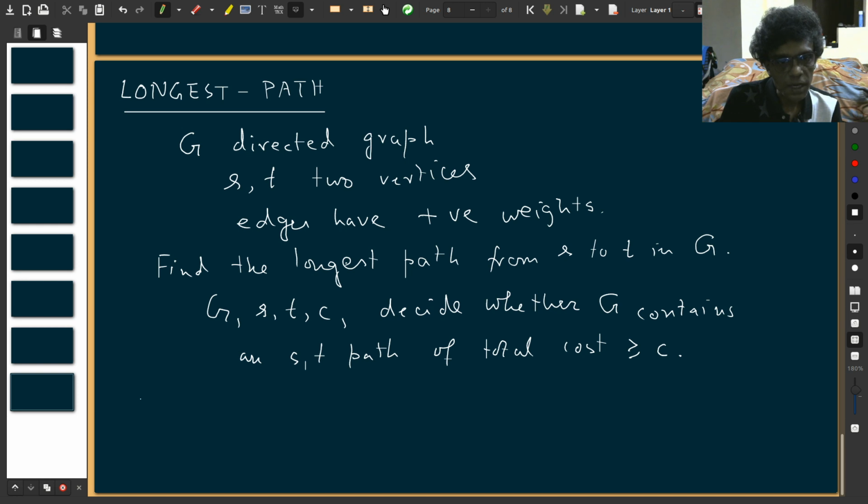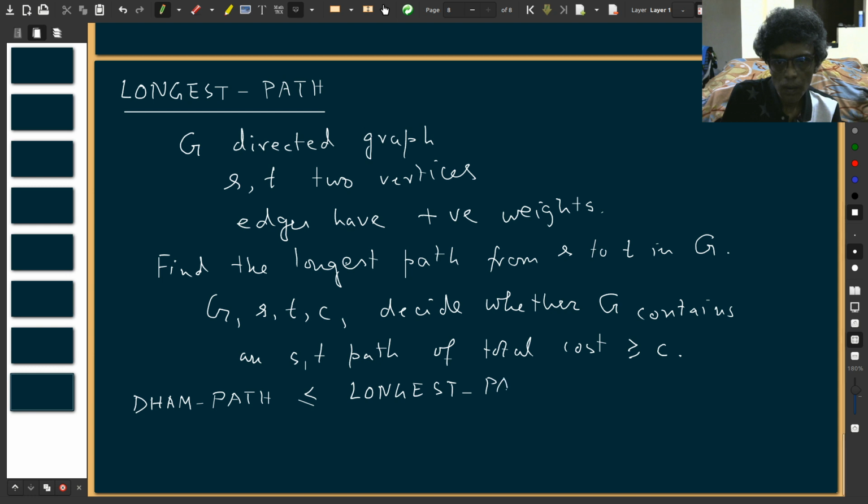So in order to prove the NP-hardness, I propose a reduction from directed Ham path to longest path. So this is G, S, T. Actually, I should have a weight function and a total cost.